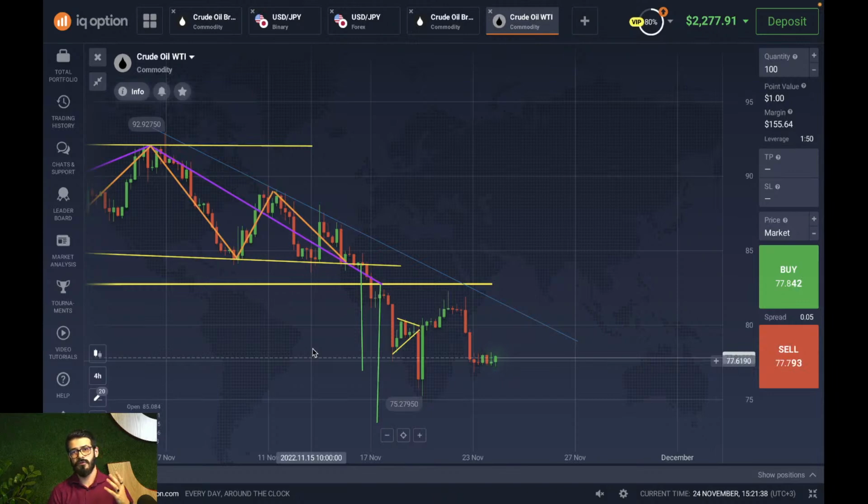However, if you've got a family to take care of, if you've got a job, you can only trade maybe even 1 hour a week, then obviously that would make a difference. You won't have that much time to practice, so it will take more time for you to be ready for live trading. But then again, there's no shame in practicing, no harm, no foul, and humans learn from their mistakes.